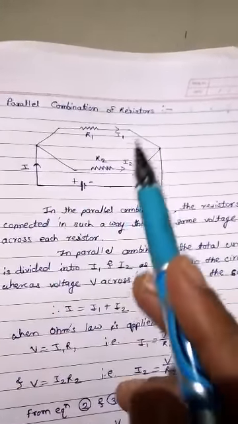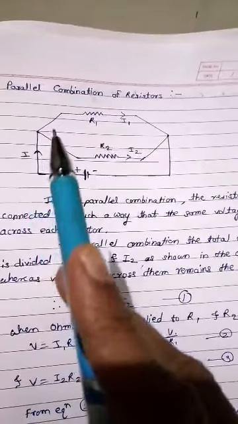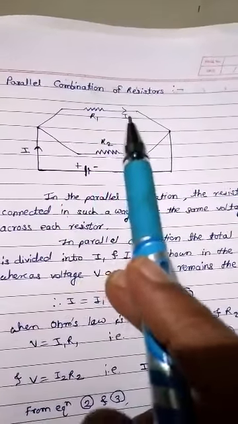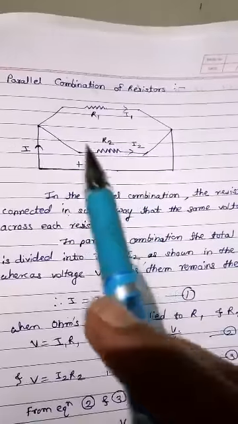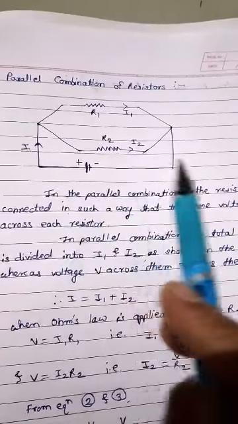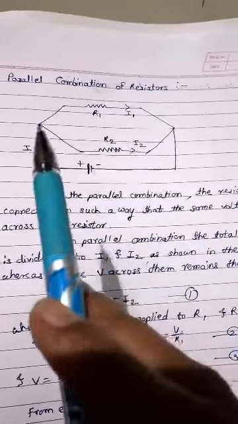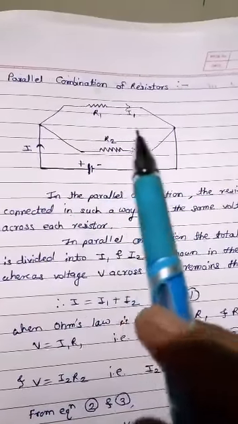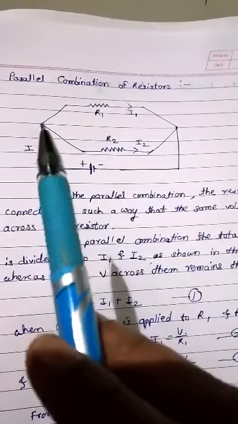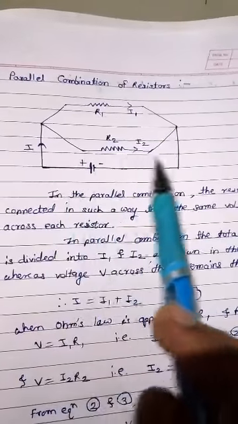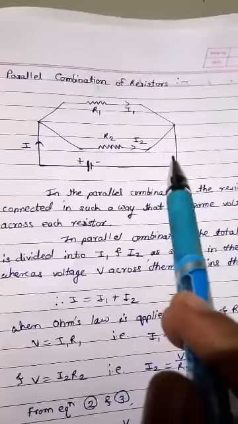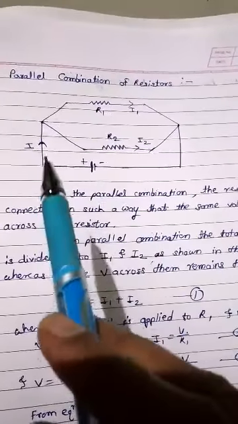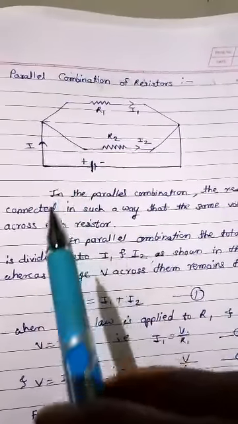Okay, means here current I is divided in I1 and I2, and the voltage across this is the same between these two junction points. Okay, so here potential difference across these resistances is same but current is divided.